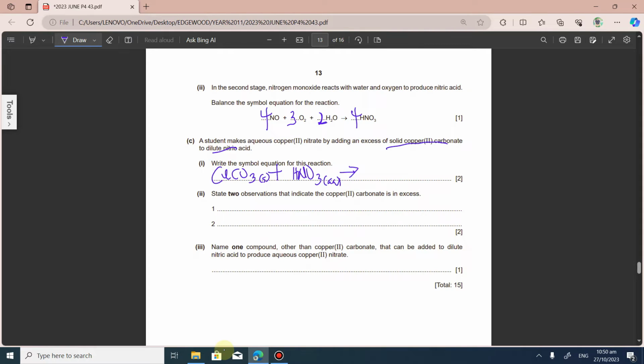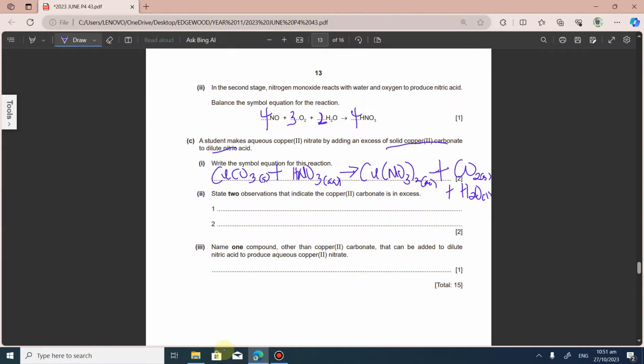So we're going to have the copper 2 nitrate formed, Cu(NO3)2, of course, aqueous, plus, of course, you're going to have carbon dioxide given off as the gas. I'm going to have water equally formed, liquid. Okay, so we have that as the reaction. Let's see how we can easily balance this.